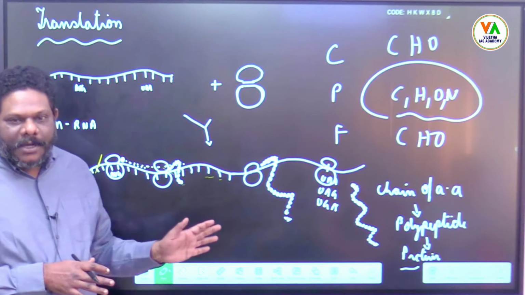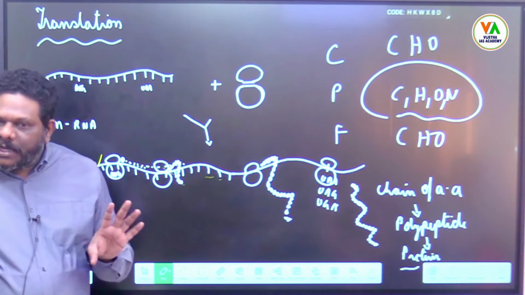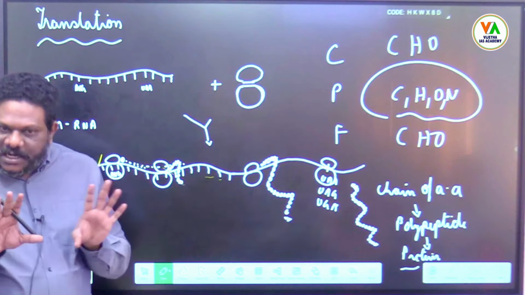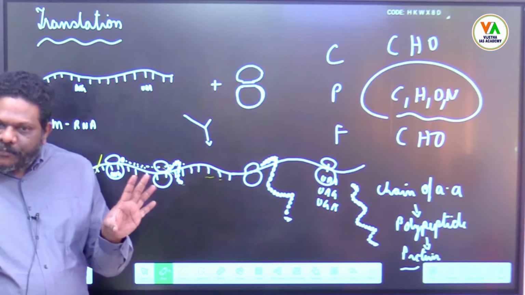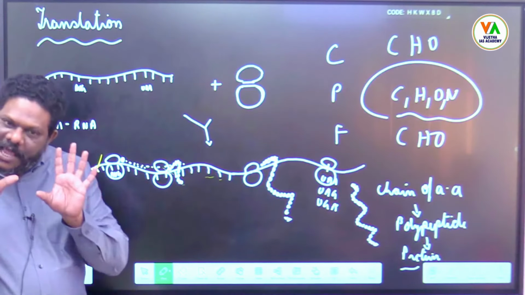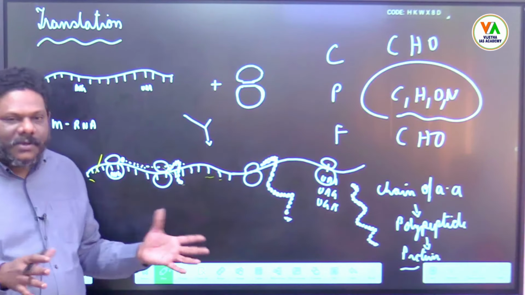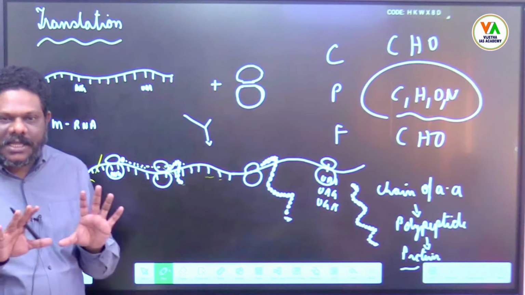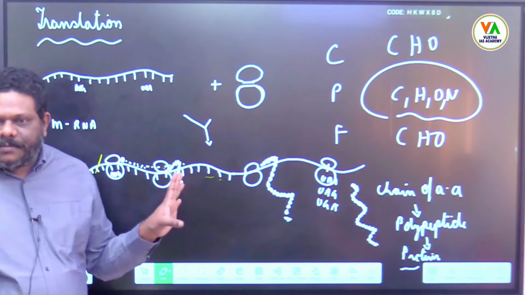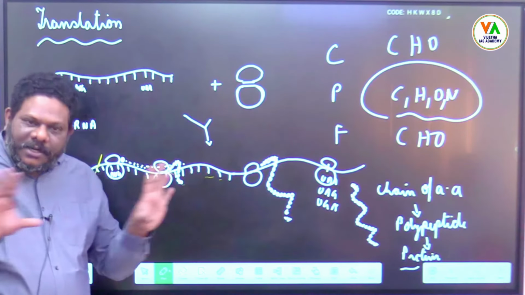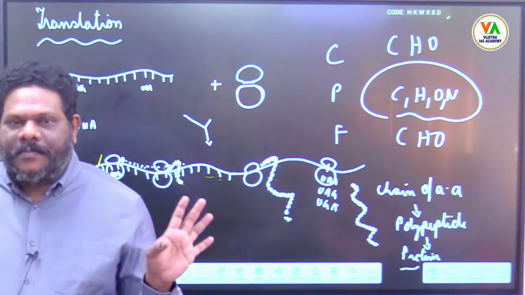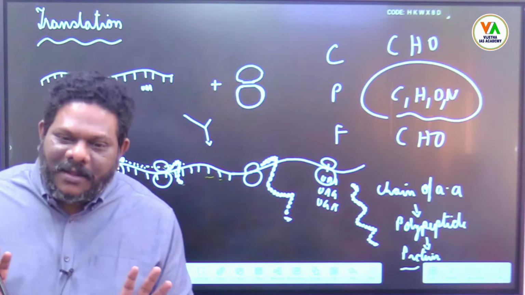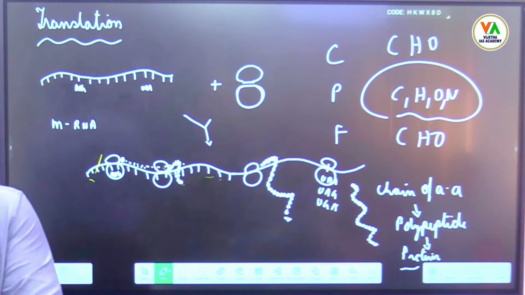You getting my point? So again, in all living organisms, the dictionary is the same. 64 codons are there. Initiating codons are there. Same, but in prokaryotes AUG, and in eukaryotes it is GUG and other things. But generally, same. The initiating codon is the same, terminating codons are also the same, and the codon coding for an amino acid is also the same.